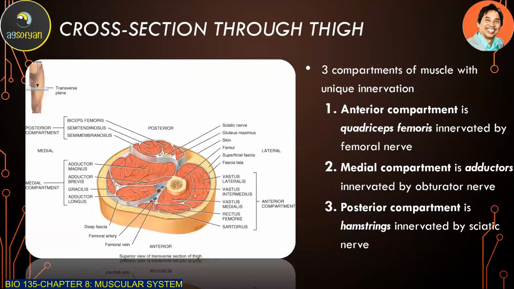Okay, if we make cross sections through the thigh, there will be three main compartments. When we cut the thigh like this, in cross section, you're going to see three compartment groups of muscle. This is the front and side, where you're going to see the quadriceps femoris, which consists of four muscles.